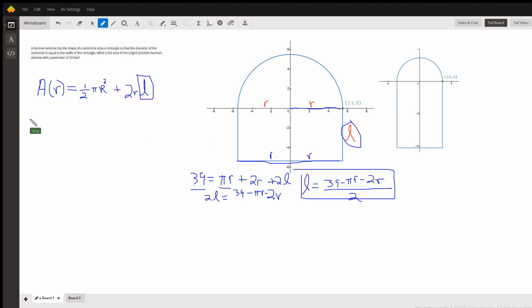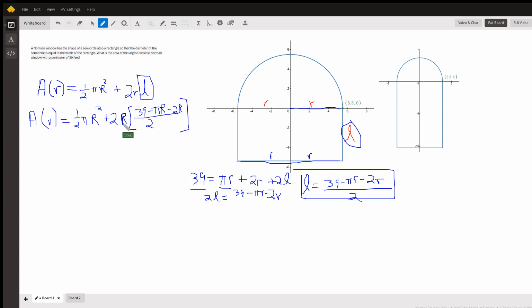And now I've got a function of A depending on r that looks something like this: 1/2 pi r squared plus, I mixed my capital R's and little r's, so I'll go to lowercase r, 2r times (39 minus pi r minus 2r) all over 2.